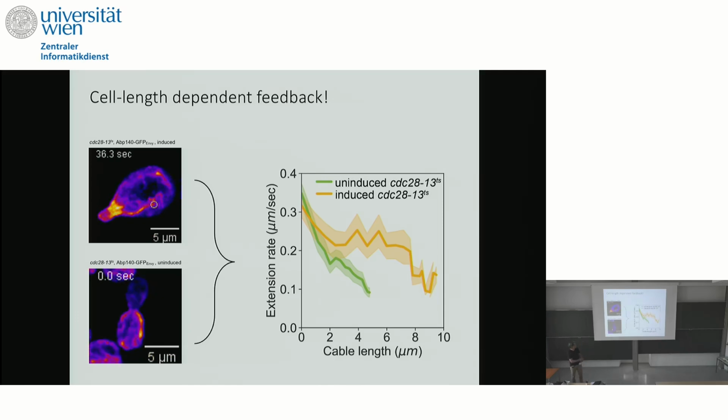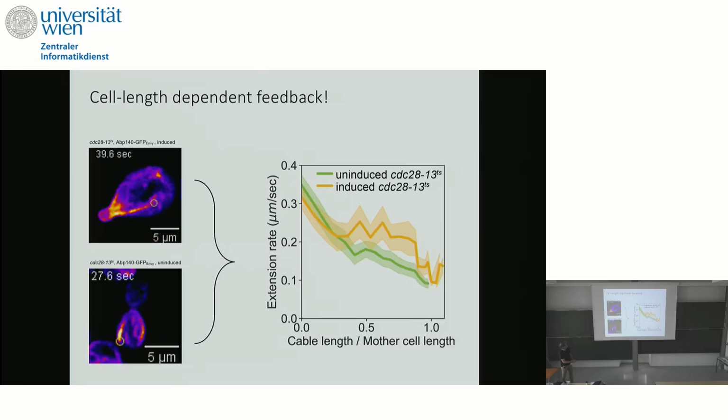The feedback itself depends on the size of the cell, to the extent that the yellow is different than green. And then if we replot this, where we scale the length of the cable with the length of the cell, they more or less lie on top of each other, at least within the errors that we have.